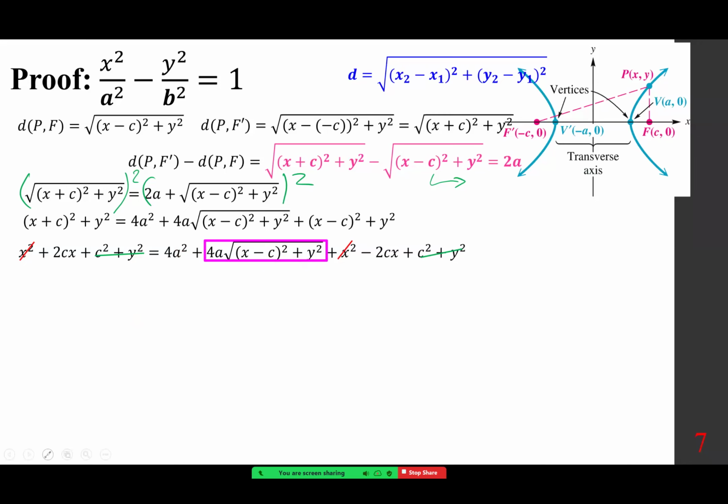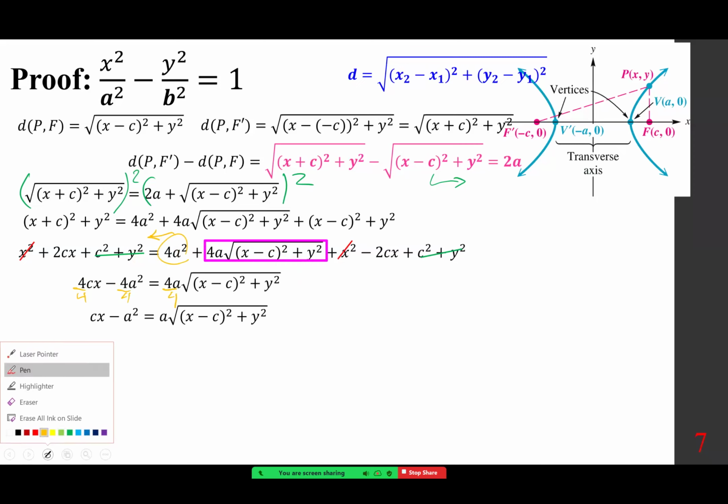This one, we'll move it. And we notice we can get rid of the 4 on both sides. That makes it easier. We have to square it again.